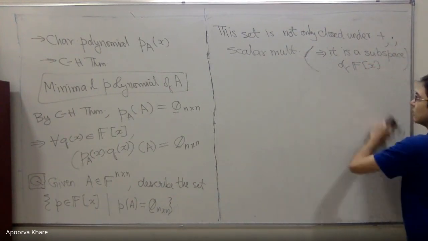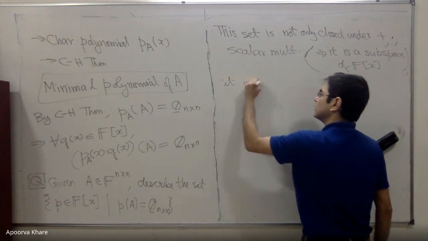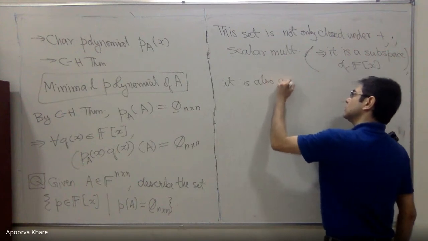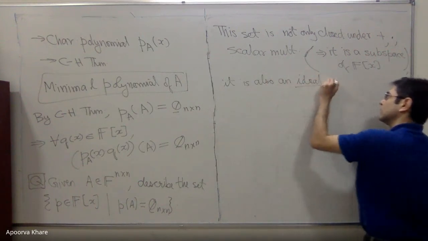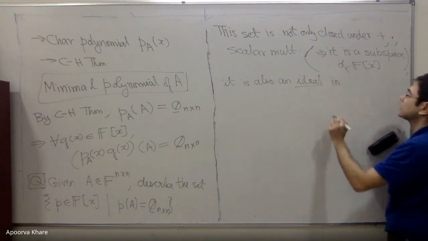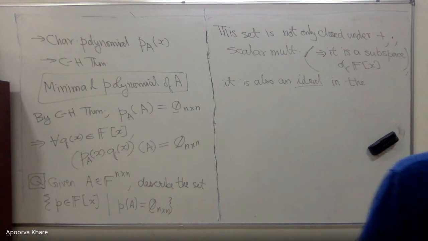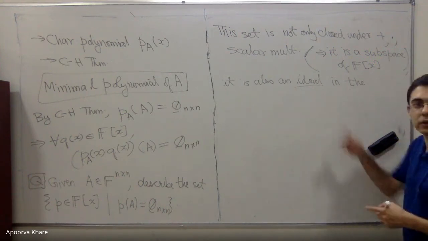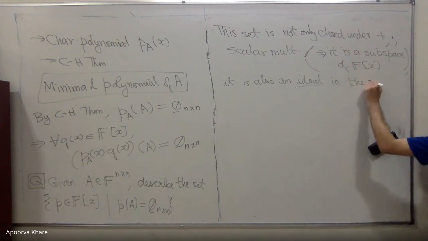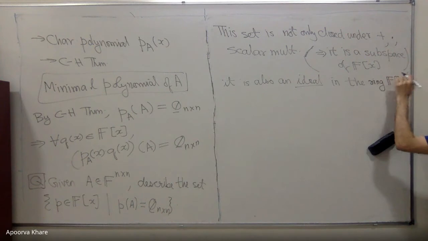It is also an ideal. You don't need to pay attention to this if you have not taken algebra 1 or are not taking algebra 1. But for those of you who are, you know what an ideal is in the ring F[x]. It's an ideal of the ring.